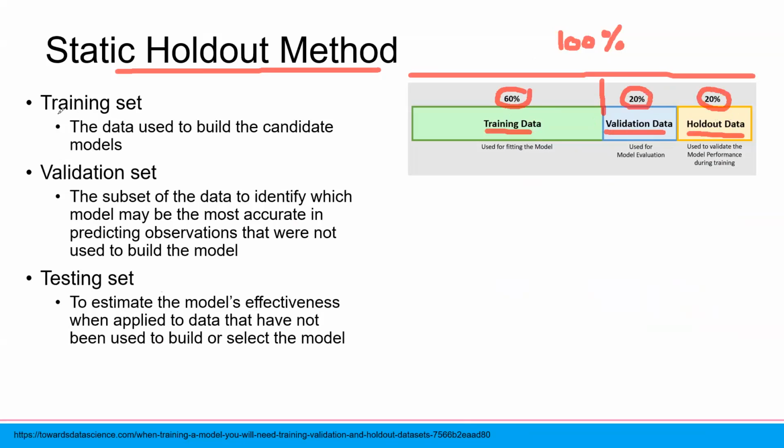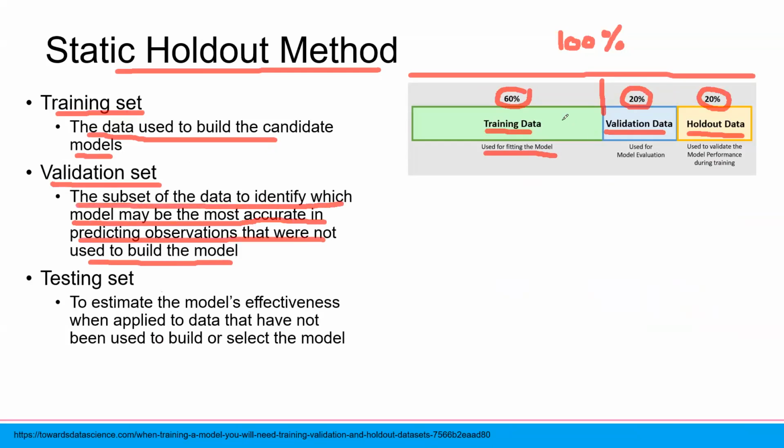The training set, or the training data, is the data used to build the candidate models. So we can use this data to fit the model. We have another data, we call it the validation set. This is the subset of the data to identify which model may be the most accurate in predicting observations that were not used to build the model.